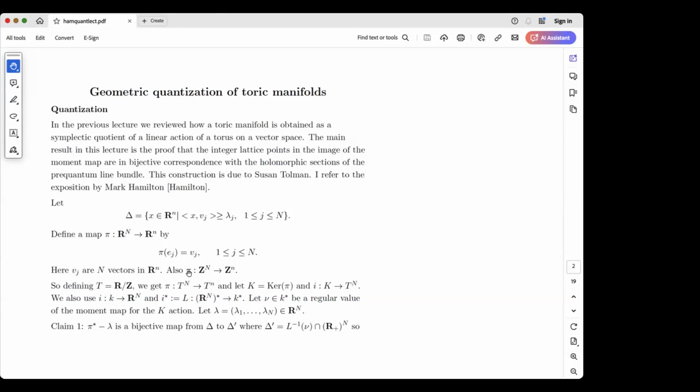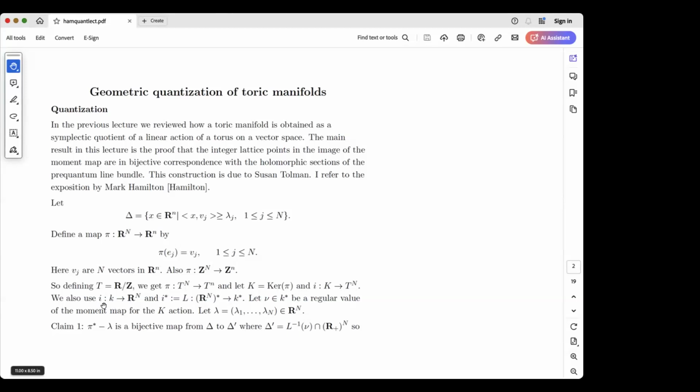There will also be the map pi that sends Z^N into Z^n. Let T be R quotiented by Z, so that's U(1). Then pi sends T^N to T^n. I'll denote the kernel of pi by capital K. Also, i is the inclusion map of this kernel into T^N.